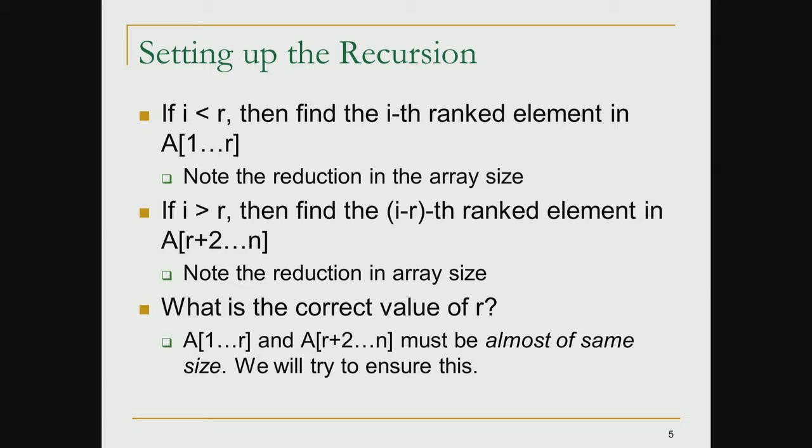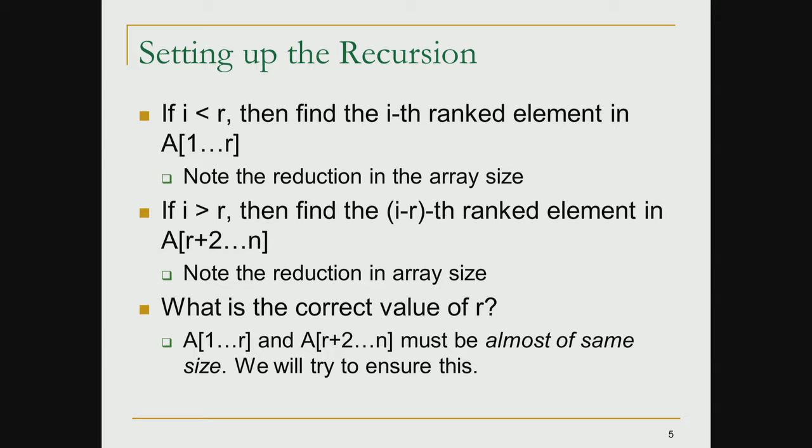So, now we set up the recursion. If indeed i is smaller than r, then we find the ith ranked element in the set a of 1 to a of r.